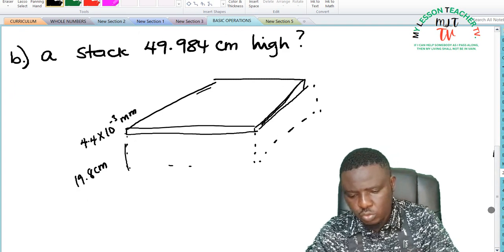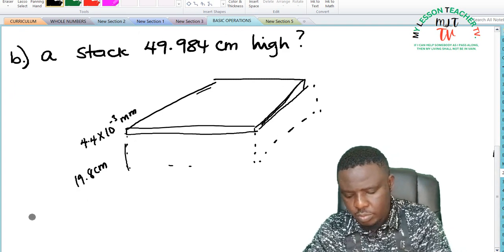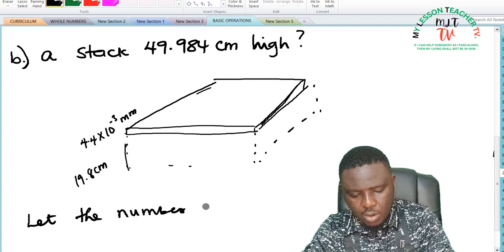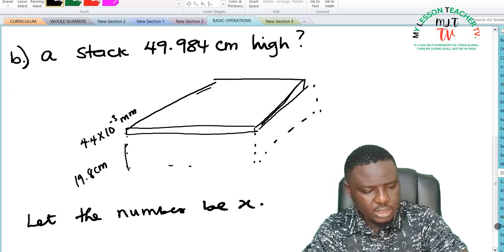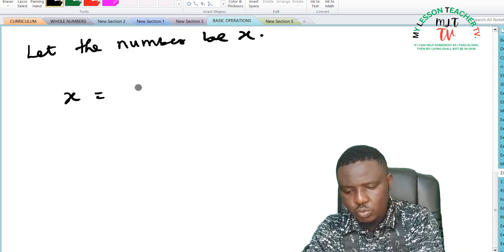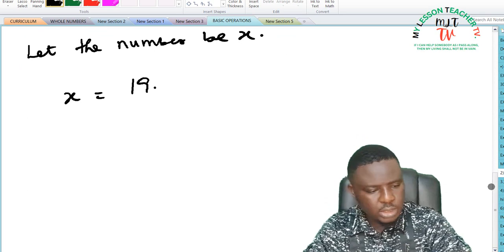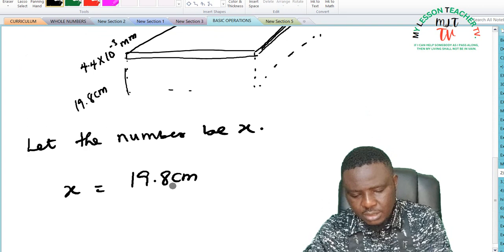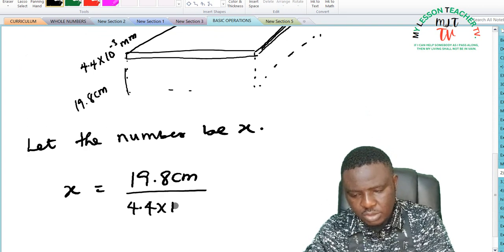So this is equal to, we'll say, let the number of sheets be x, so that x now is said to be equal to 19.8 centimeters divided by 4.4 times 10 raised to the power of minus 3 millimeters.